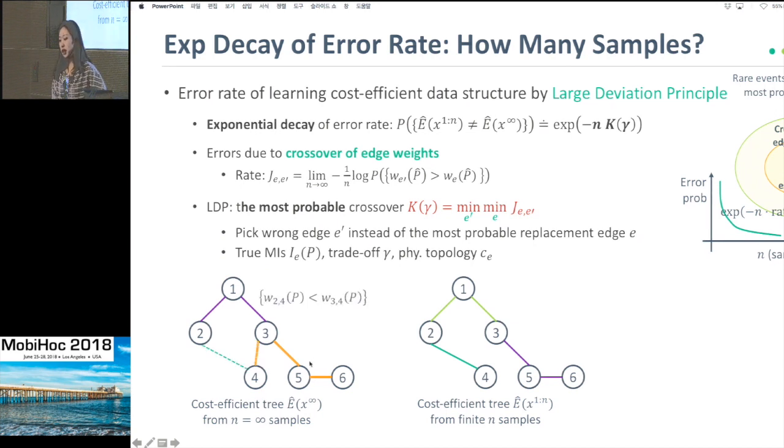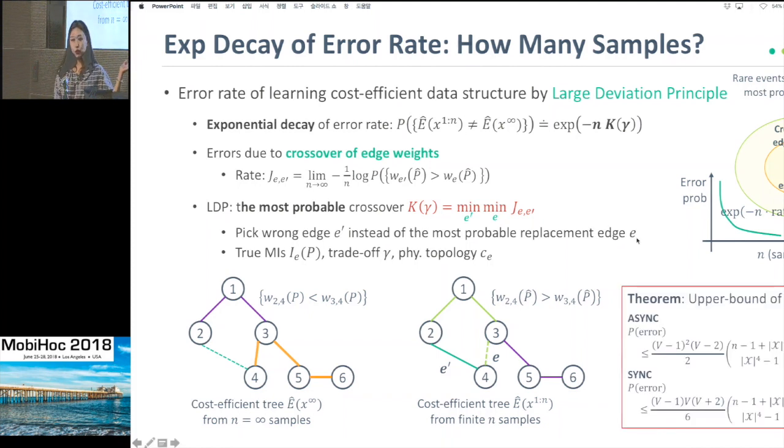Which means that if we have an infinite number of data samples, we should find the edge 3,4 instead of 2,4. But if we have insufficient data samples, we might choose the edge 2,4 instead of 3,4 from the imperfect information from the data samples.